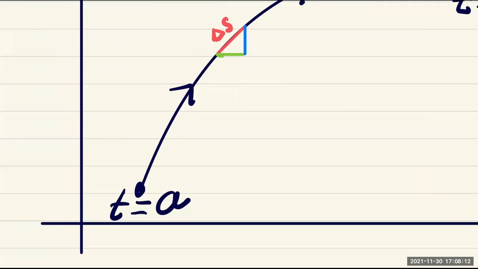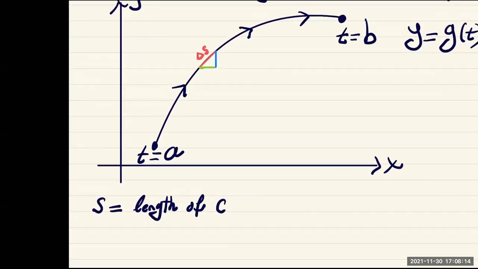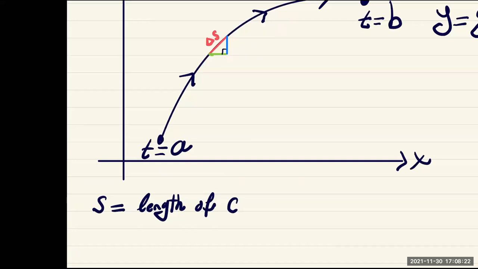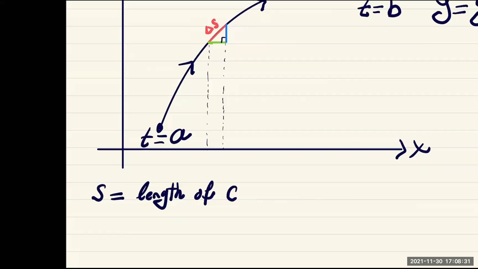All right. So since this side of the right triangle is parallel to the x-axis, we call that delta x. That is just a small change in x. We're talking about this length of x. So that's delta x.